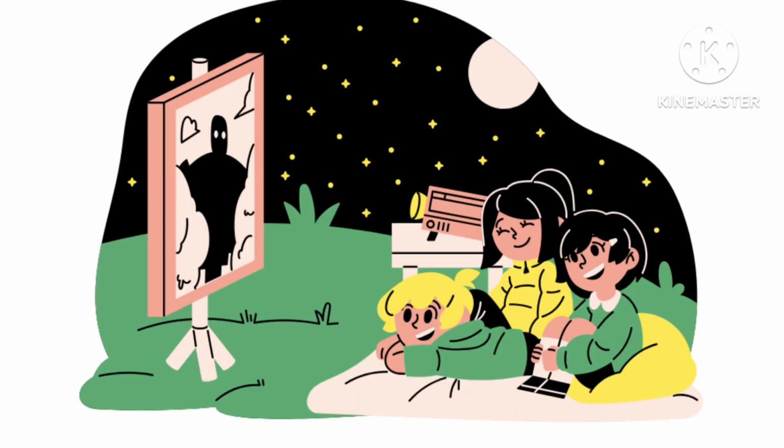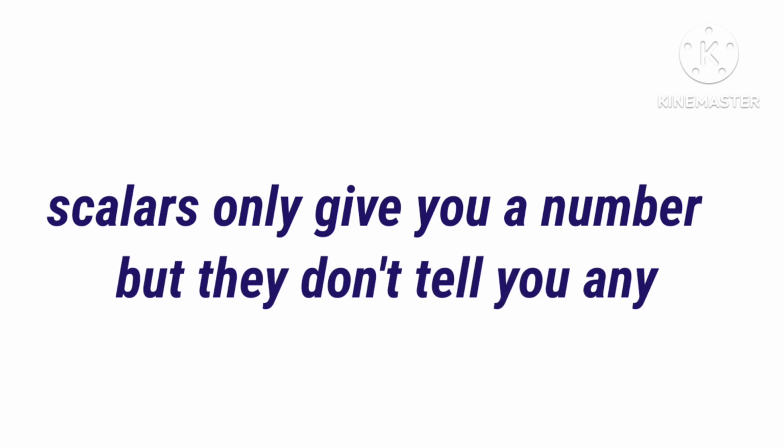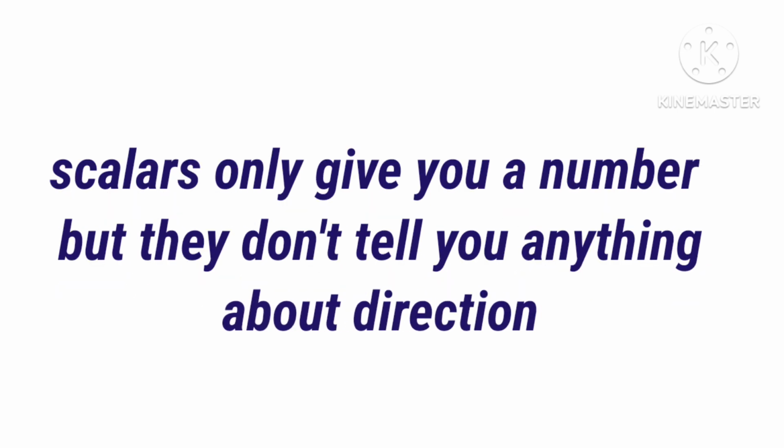Time is also a scalar. If a movie lasts 2 hours, it's just telling you the amount of time with no direction. So, scalars only give you a number, but they don't tell you anything about direction.